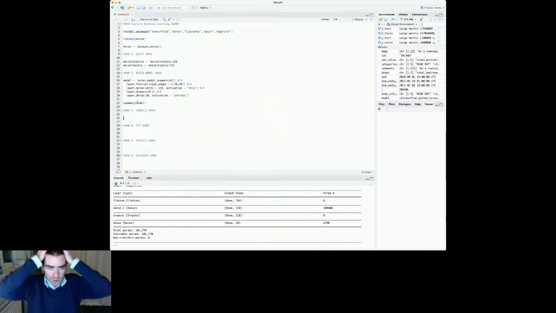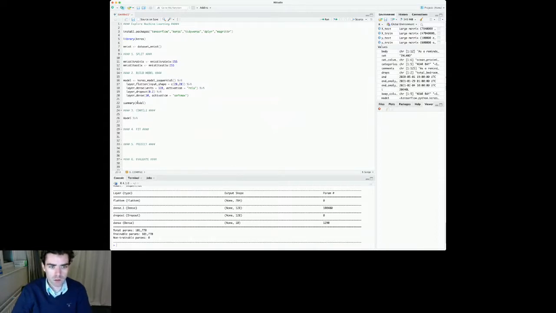Now we're going to compile this thing, which means we've got to put it into action, and when we fit it, that will be when we actually properly run it, so you can see the loss. Okay, model compile. We're just doing this on model. Compile.